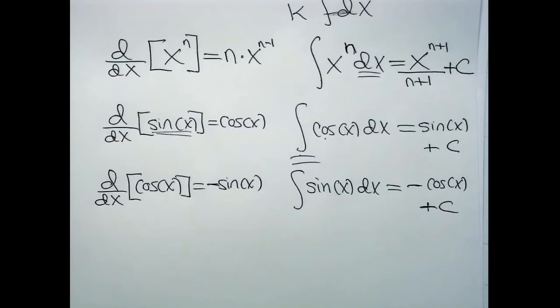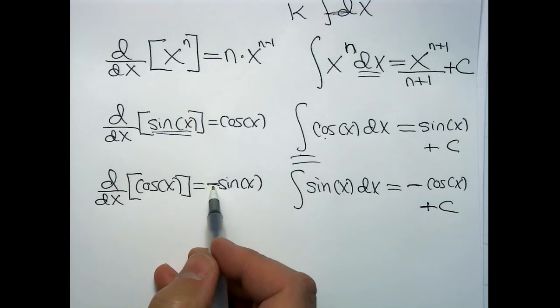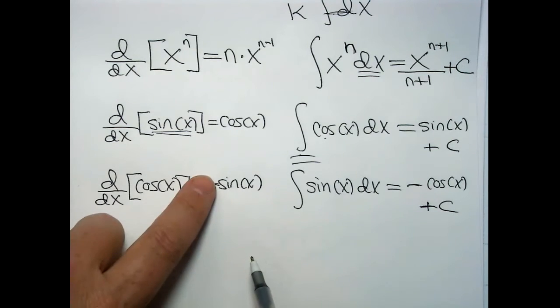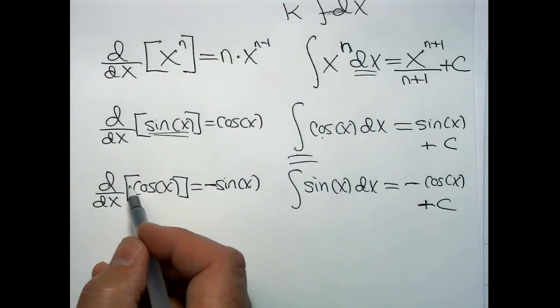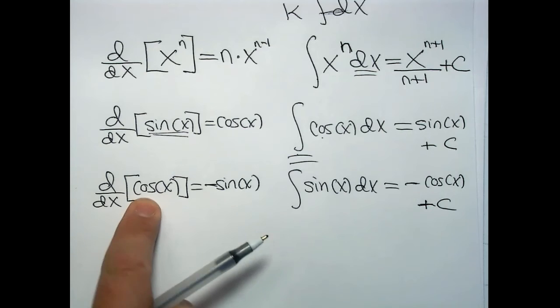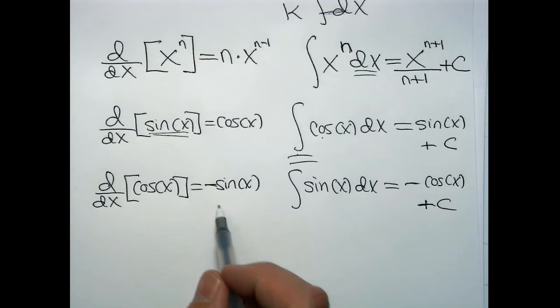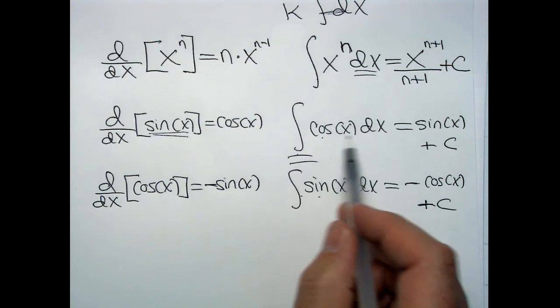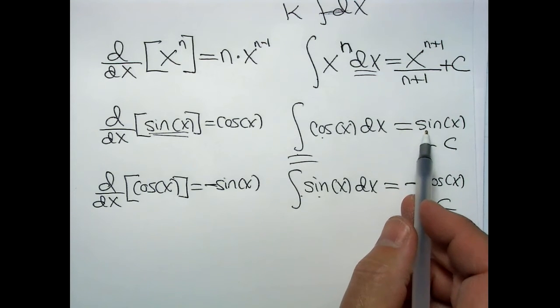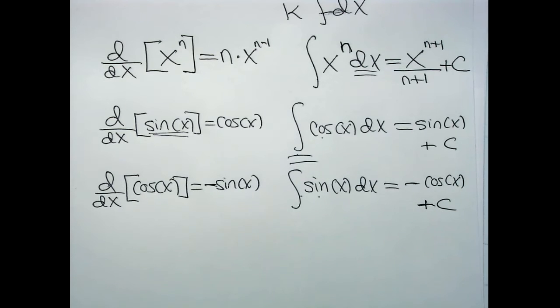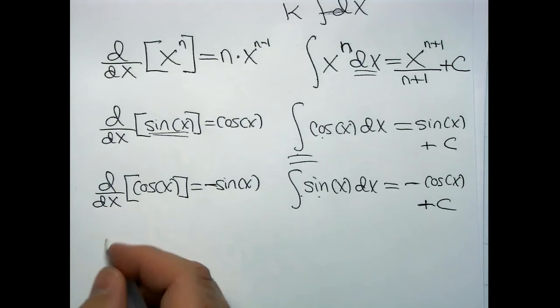And that's certainly the case, because if you take this negative and move it to the other side by multiplying both sides by minus 1, the constant multiple can get in here, and you would see the sine over here and a negative cosine over there. So the antiderivative of sine is not cosine, it's minus cosine. The antiderivative of cosine is not minus sine, it's sine. Remember, everything is backwards, including the pluses and minuses for these two trig functions.